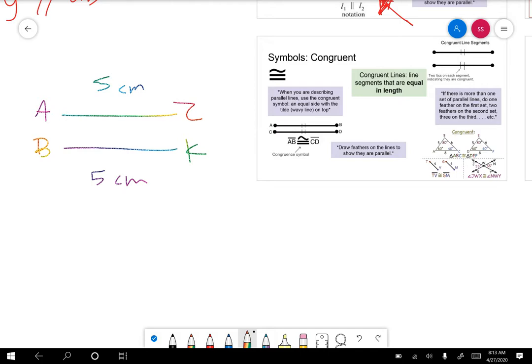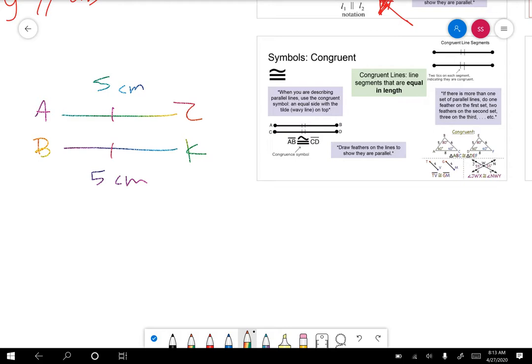But how do we notate that? If we're notating it on the actual line, you can use little tick marks, basically. So we could draw one little tick mark on both of them. That would show that they're congruent, although they do look parallel too.